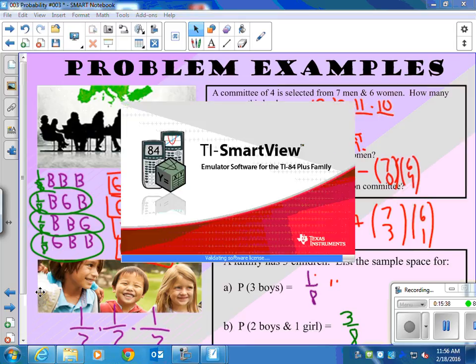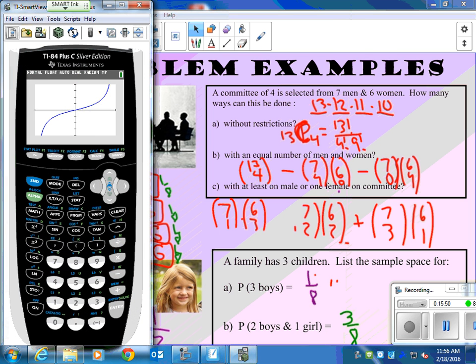Make sure you're thinking groups or arrangements. Groups would be C. So 13 choose 4. Okay, so 13, math, probability, 3, choose 4.